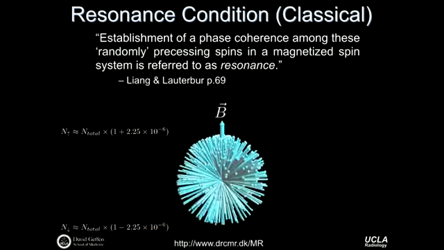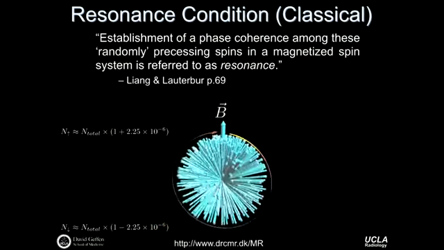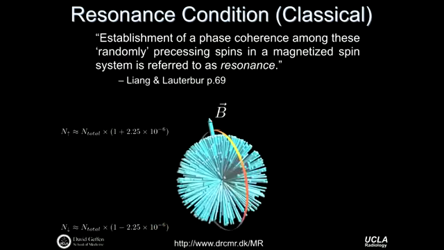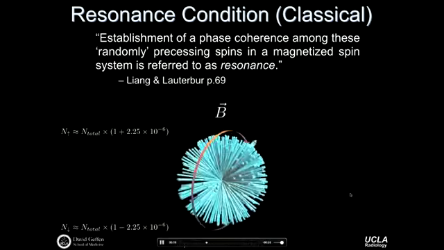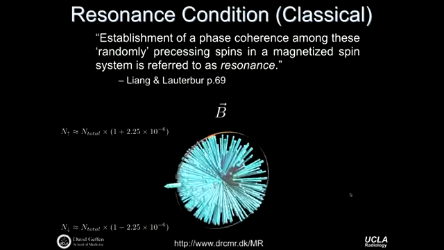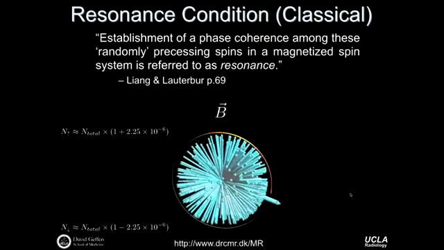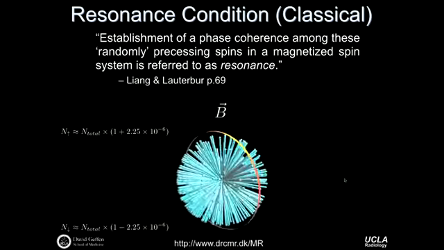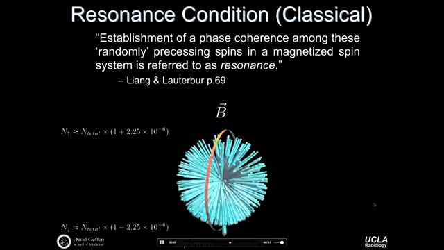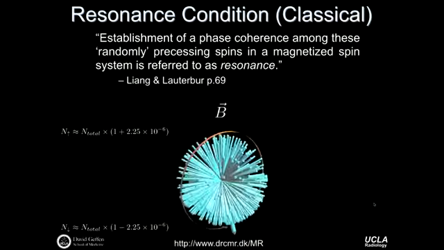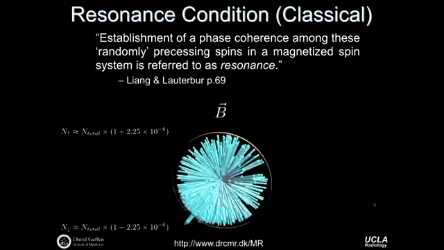So this is a nice picture again of the action of an RF pulse on an ensemble of spins. The red and orange line is just representing the action of the B1 field on the bulk magnetization. In this case, you can see the bulk magnetization is actually being inverted. If you apply that RF pulse at the appropriate magnitude for long enough, you can invert your spin system.